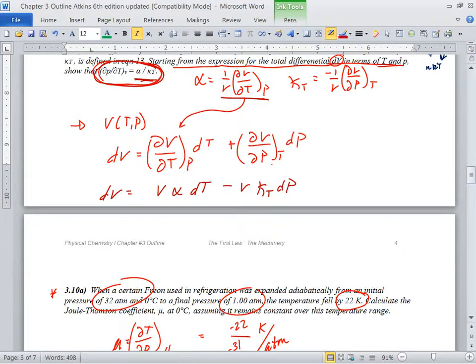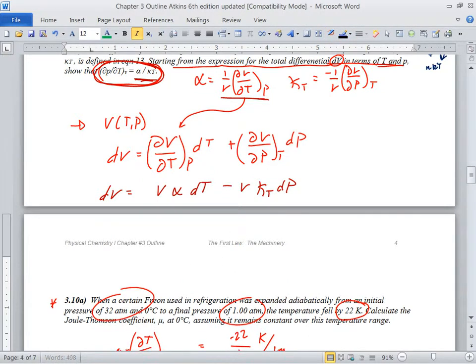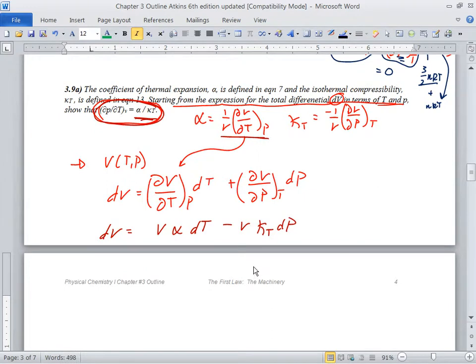Now the next trick in doing this mess is they want the partial of p with respect to t at constant v.